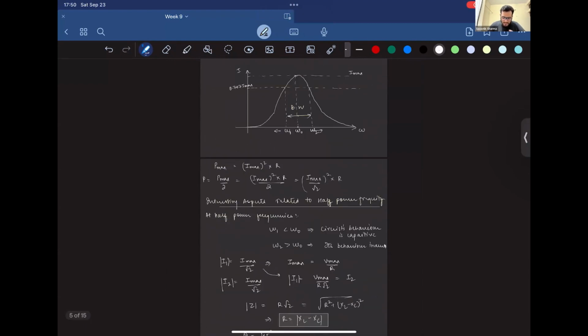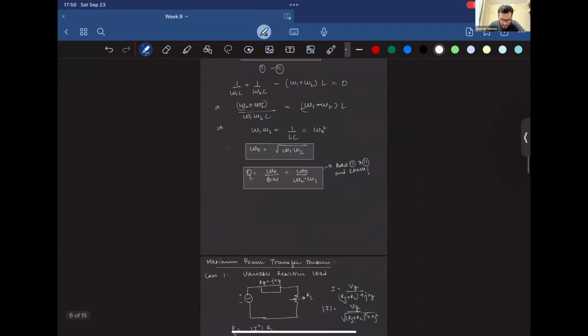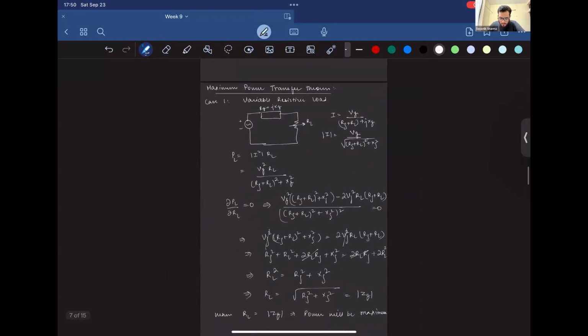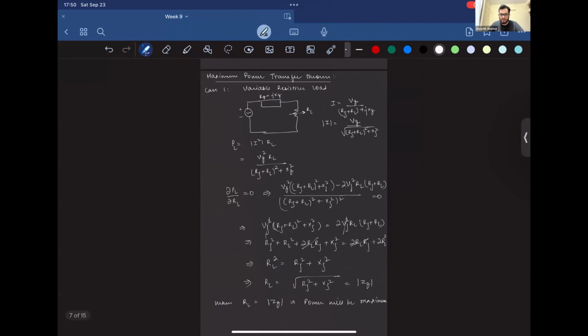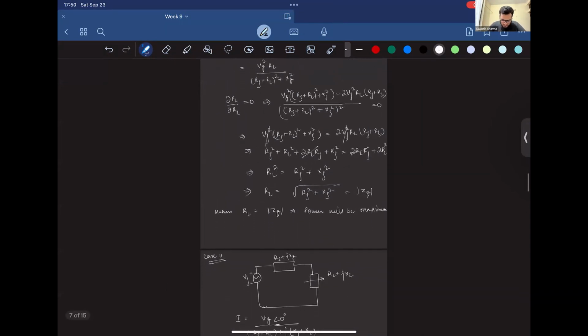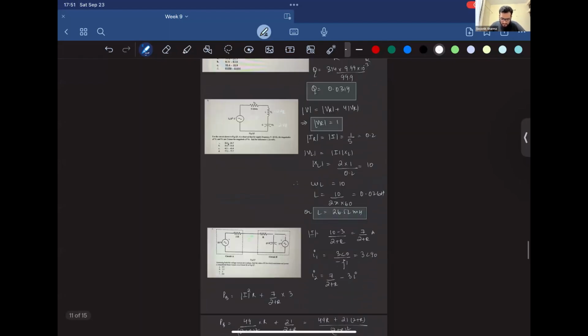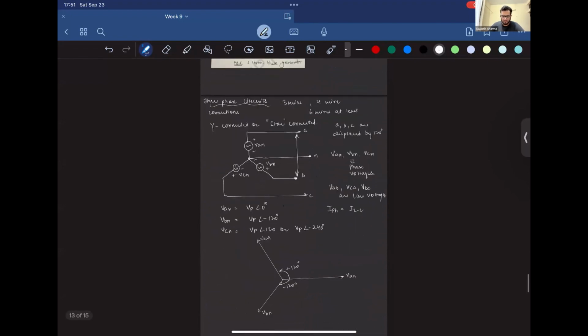We checked what bandwidth is and how quality factor could be calculated from bandwidth and resonant frequency. We also discussed how to get maximum power, what the maximum power transfer theorem is, and how it would look for different cases. Then we did some questions, and then we started discussing three-phase circuits.